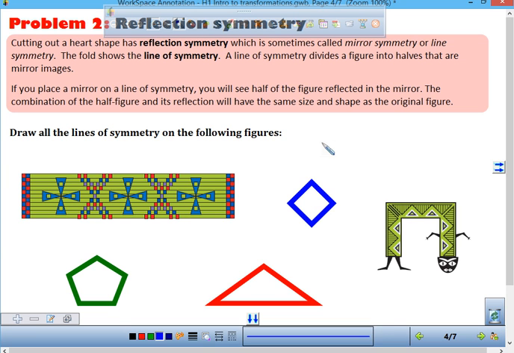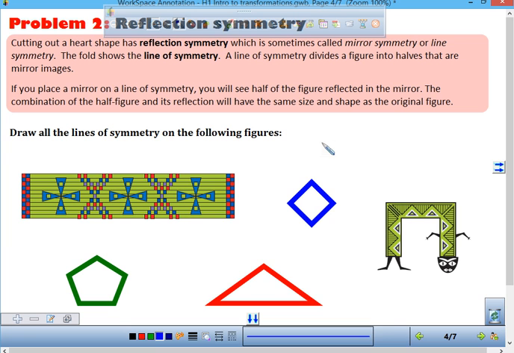Next page, the first one we're going to talk about for the next couple days is reflection symmetry. Reflection symmetry is, again, when we can fold something over and it's going to be the same on each side. And you're going to find many different lines of symmetry where you can fold it so that it's the same thing. So if I look at this banner here, is there a line of symmetry where I could draw a line, or a diagonal line, or any line, so that if I fold it over that line, it would match the exact same thing?